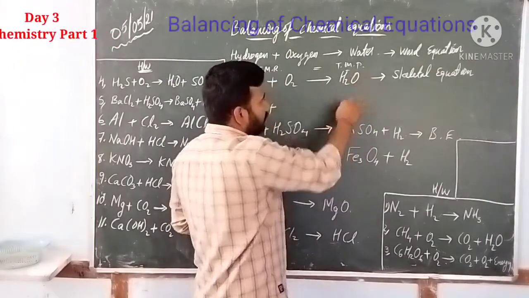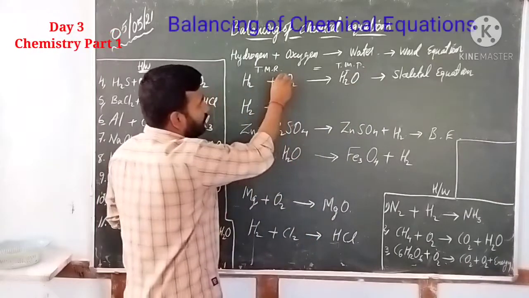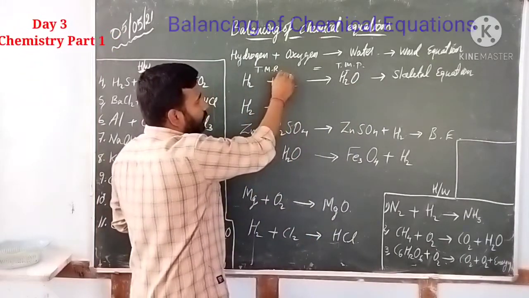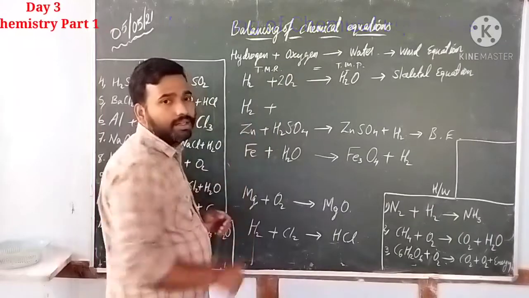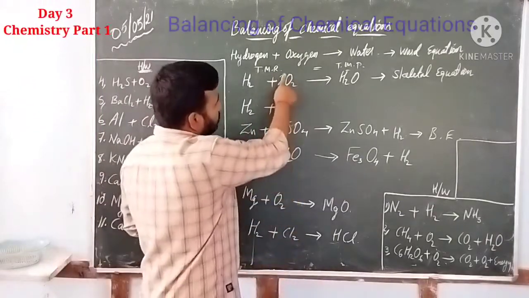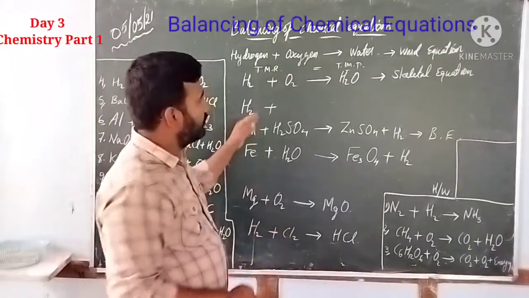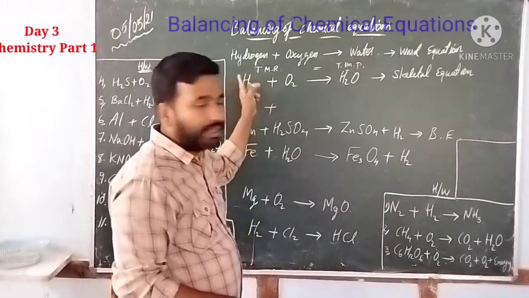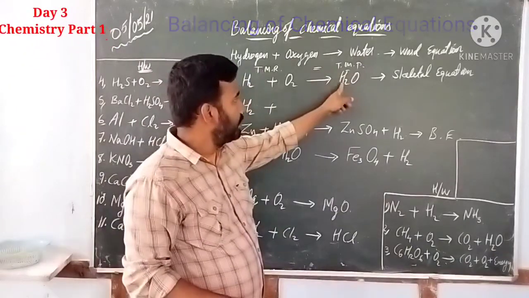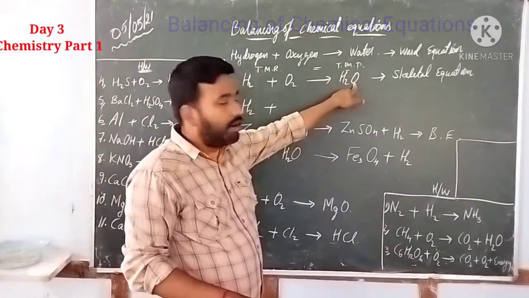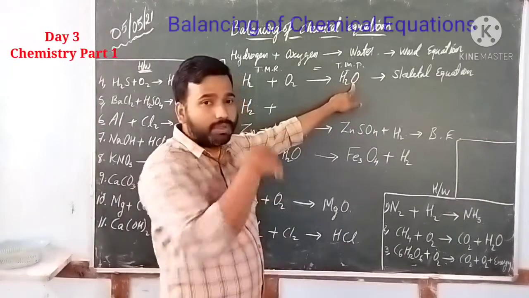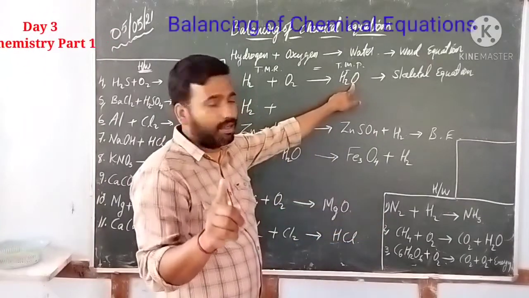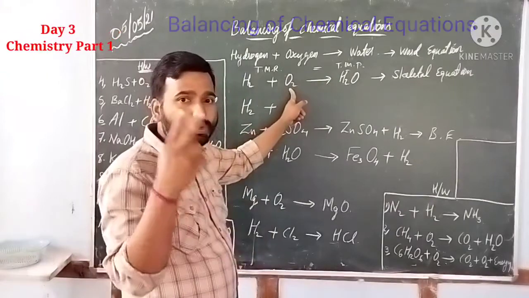Instead, what we can change is what is written on the left hand side, called the coefficients. So first let us see, the number of hydrogen atoms on the left side is 2, on the right side also 2. Oxygen atoms on the right hand side is 1, but on the left hand side is 2.